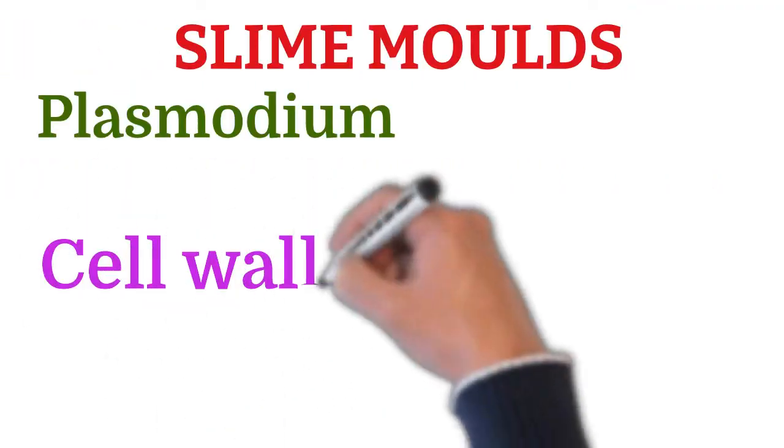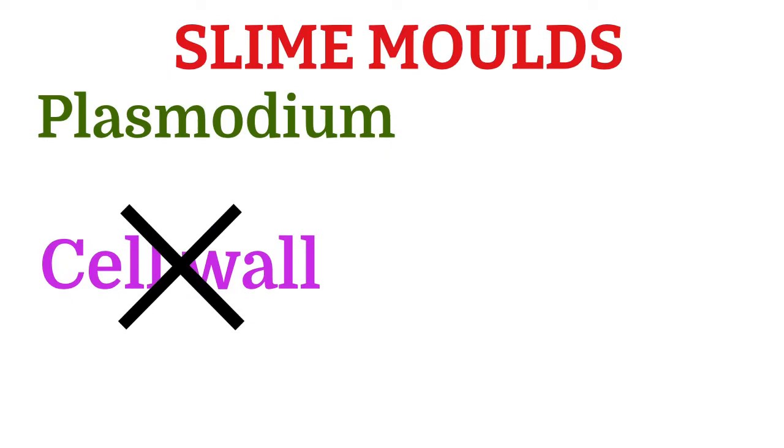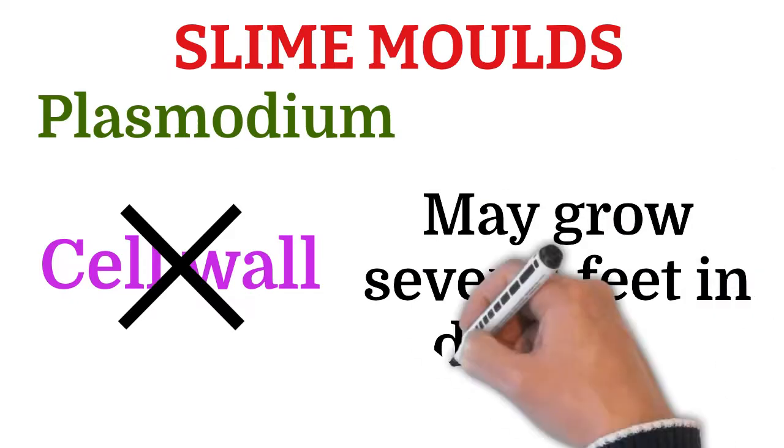Plasmodium does not have a cell wall. Note that plants, fungi and bacteria normally possess a cell wall outside the cell membrane. The plasmodium may grow several feet in diameter.